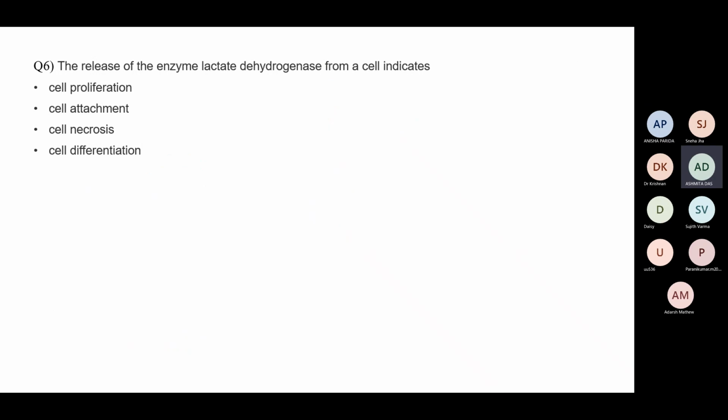Okay, now moving to the next question. The release of enzyme lactate dehydrogenase from cell indicates. Any answer?